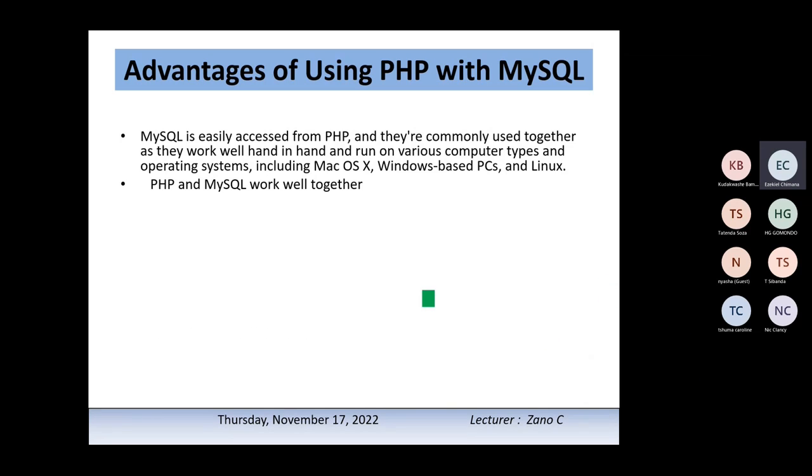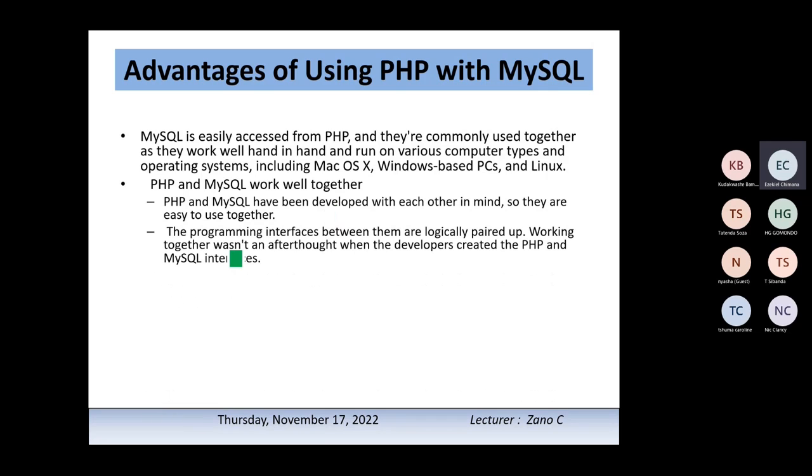PHP and MySQL have been developed with each other in mind, so they are easy to use together. The programming interface between them is logically paired up. Working together wasn't an afterthought when the developers created the PHP and MySQL interface.